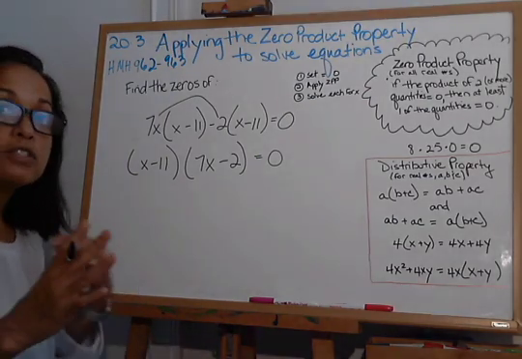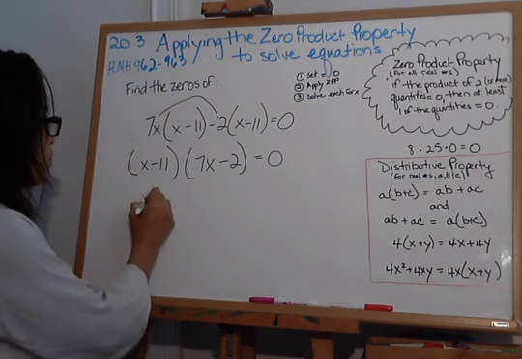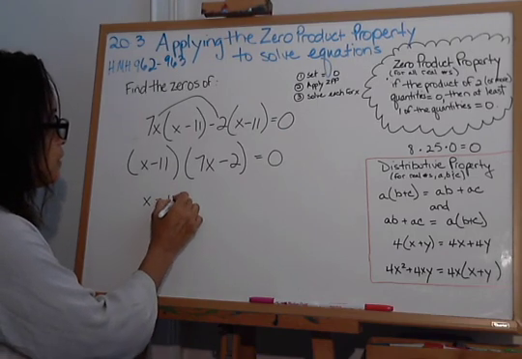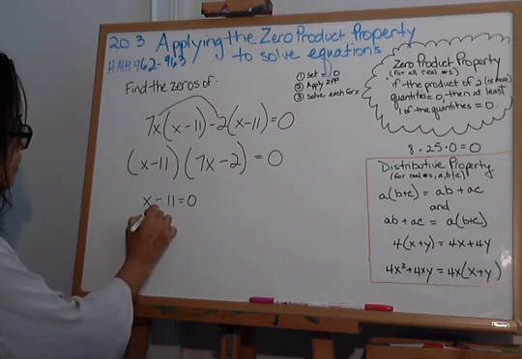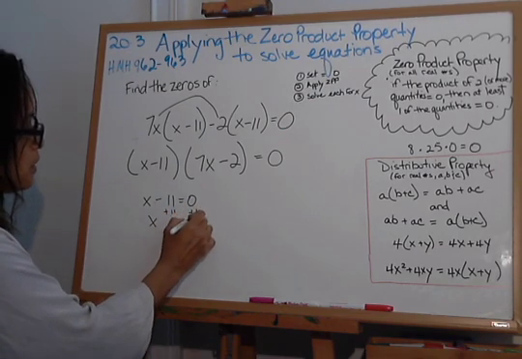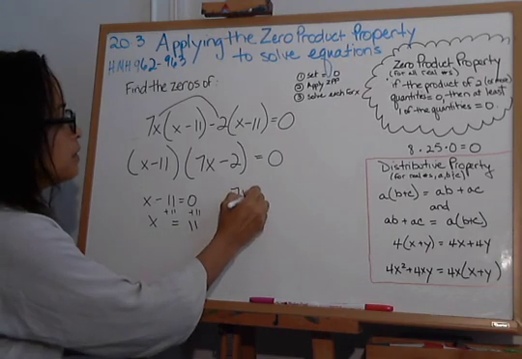Now I can use the zero product property to solve for the zeros here. So if x minus 11 equals 0, I add 11 on both sides, x is equal to 11. Here, it's a little more.